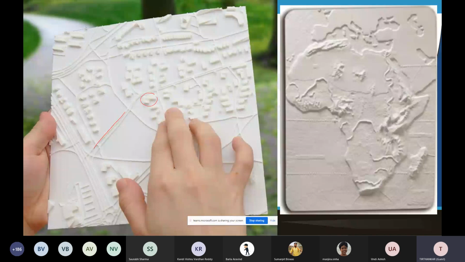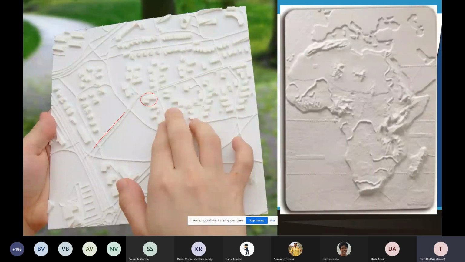Those kinds of objects can be 3D printed using a 3D printer, and blind people can physically feel the objects to have knowledge of the environment, or the concept in general.